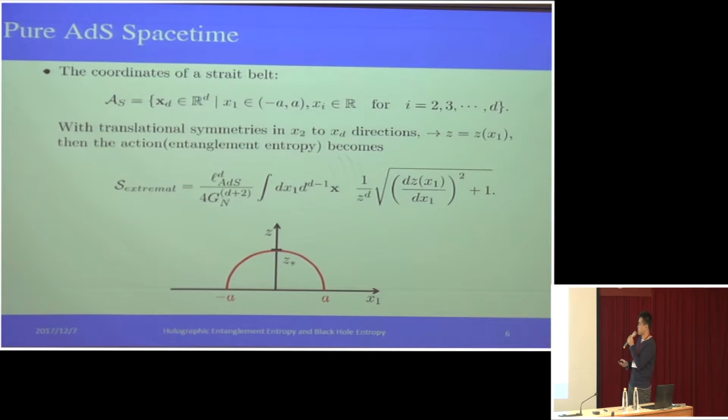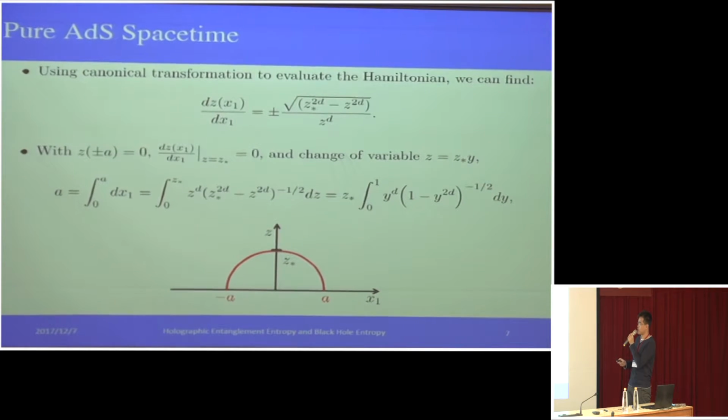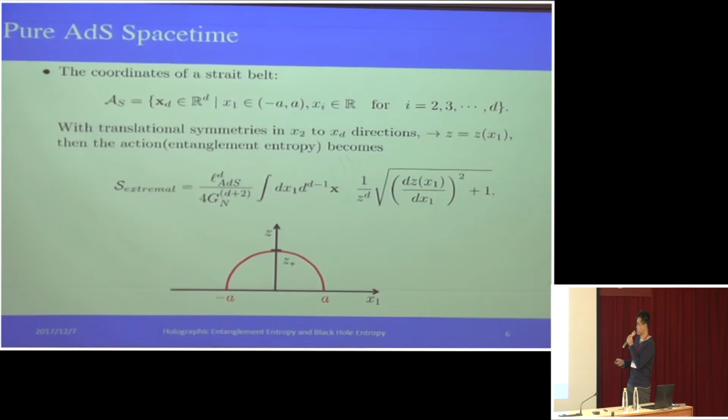Now, our task is to find out this first derivative. We can observe that this functional is not an explicit function of x1, so we can use a canonical transformation to find the Hamiltonian of this functional.